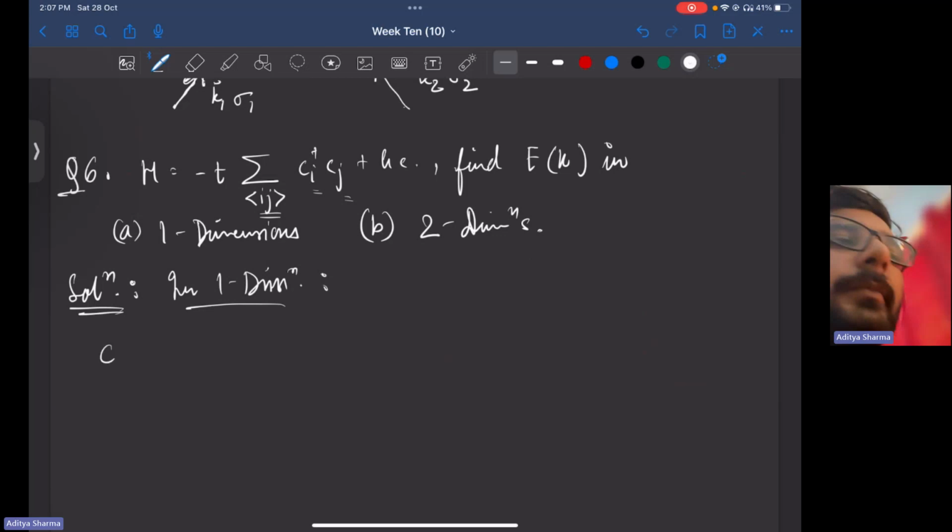We can write Ci as one over the square root of n, sum over k. So this is the position index, and we're taking it into the momentum index. This is a k1, r_i k1.